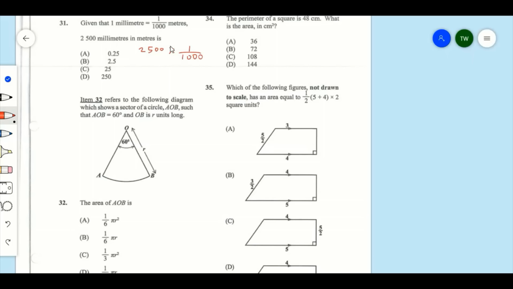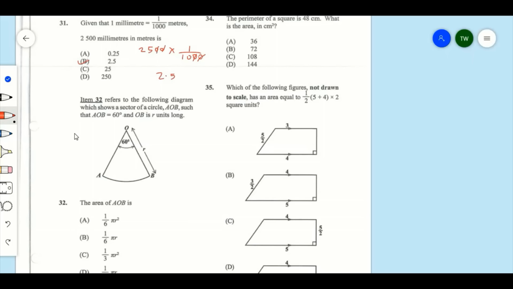The 0 is going to cancel out the 0 here, and the 0 is going to cancel out the 0 here. And 25 divided by 10, that's going to give us 2.5. And 2.5 times 1 is just 2.5. So our answer for 31 is going to be P in this case.